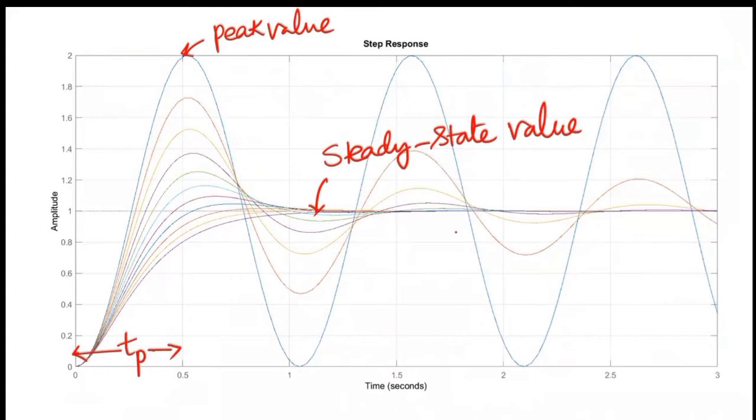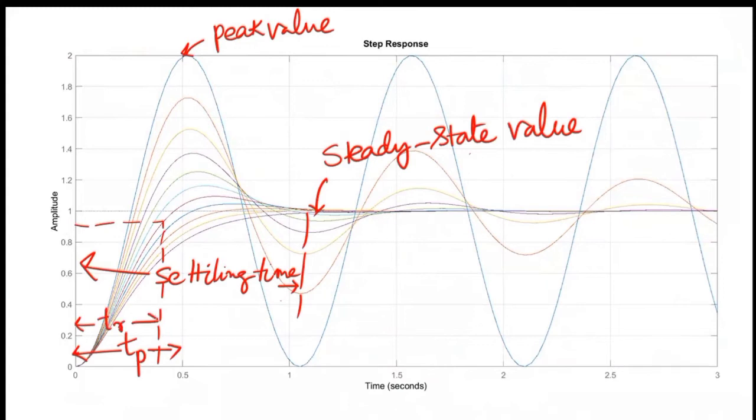The time taken by the response to attain this steady state value is known as settling time. The time taken by the response to attain 90% of its final value is known as rise time.